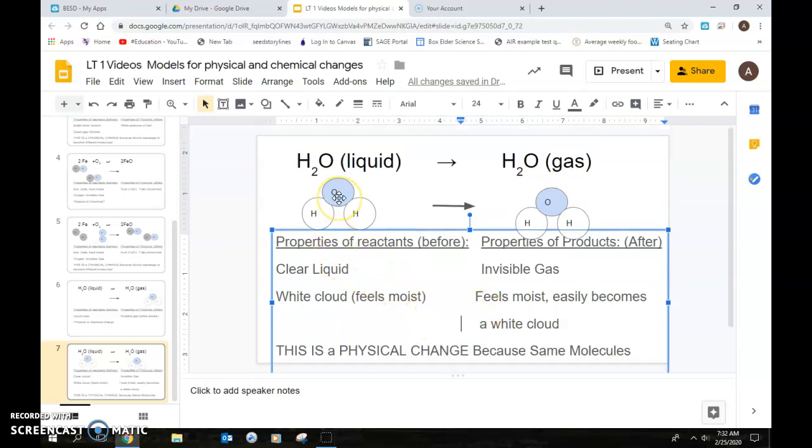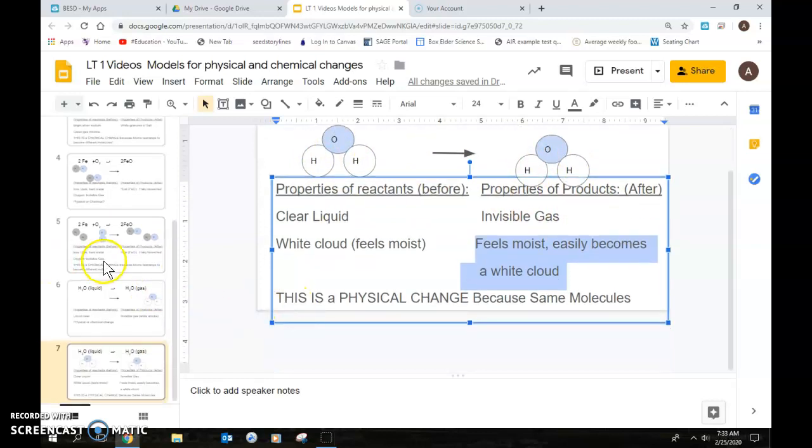The white cloud is also a way that we can describe a clear liquid. It's just H2O as a gas that condenses onto a dust particle and looks like a white cloud, and it feels moist. Same thing with the invisible gas. It feels moist and your hand gets moist because it condenses on you. So it can easily become a white cloud. It easily switches from being water as a gas to cooling and becoming water as a liquid. So that's a physical change.